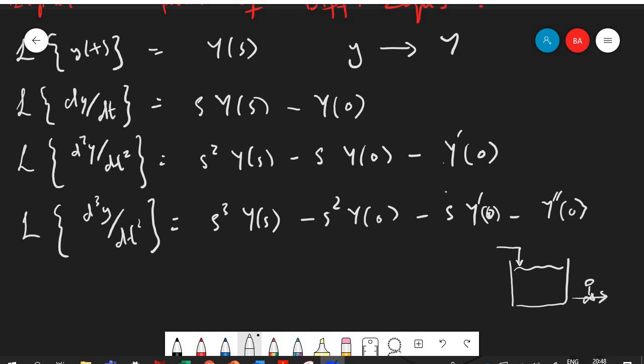If you are changing this valve from 20 to 30% opening, because you have changed it, this height will go higher and higher just because you opened up 10% more.